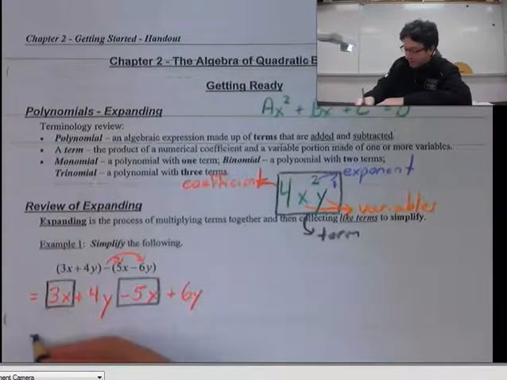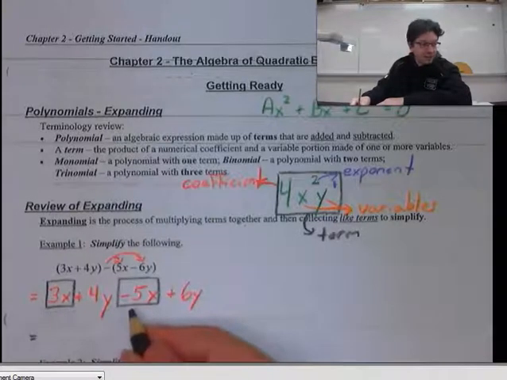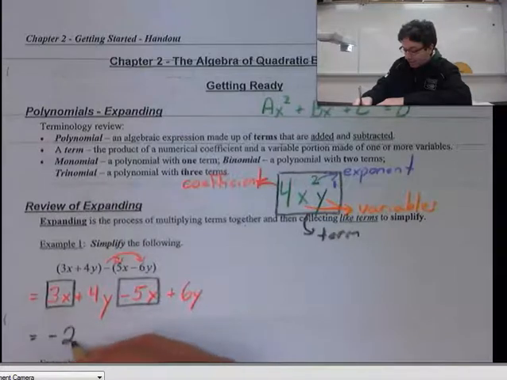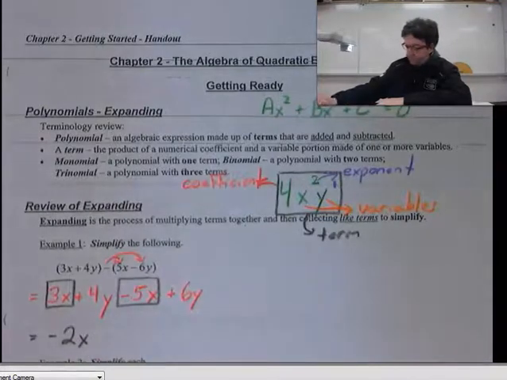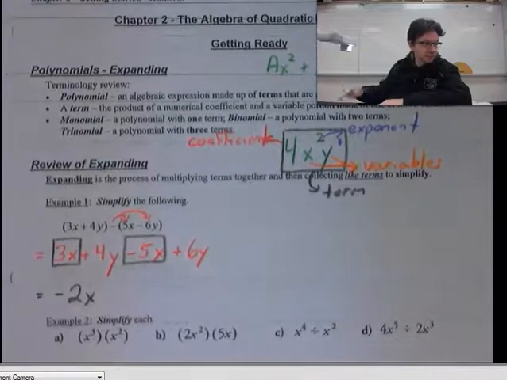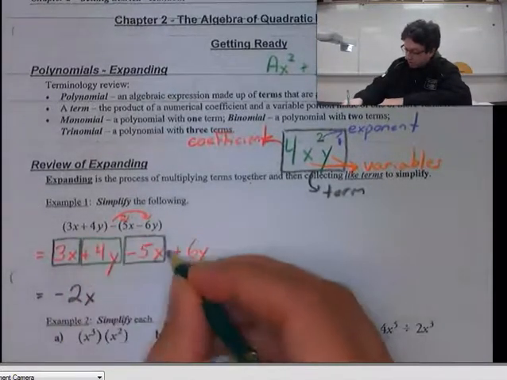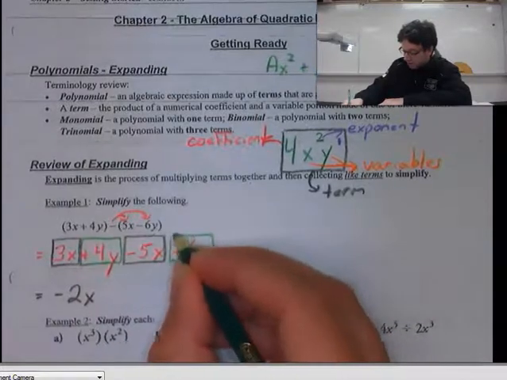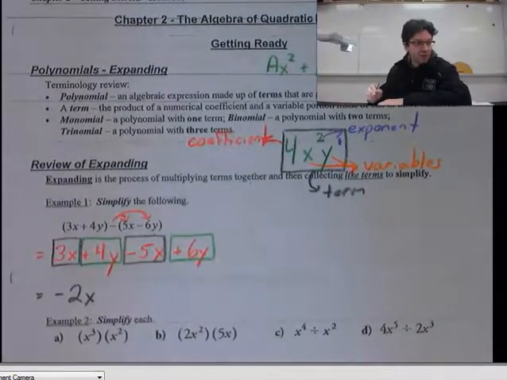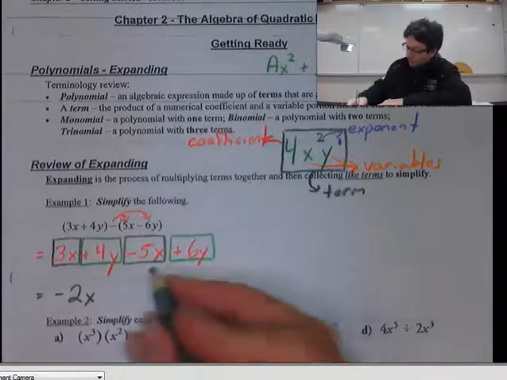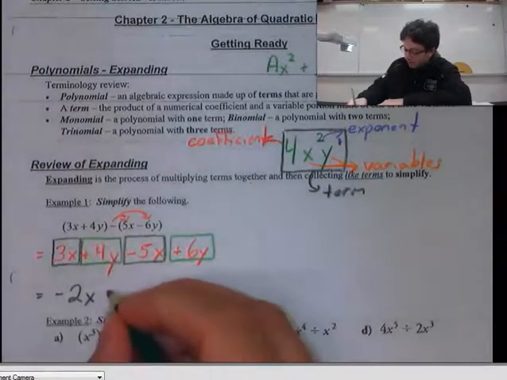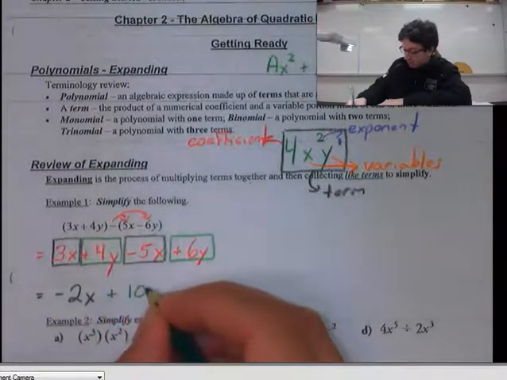So 3x minus 5x gives us -2x. And of course here we have two other like terms because they both have the same variable with the same exponents. So 4y and 6y is plus 10y.